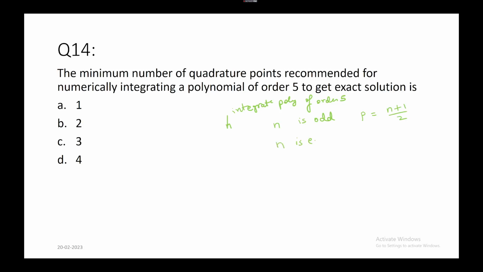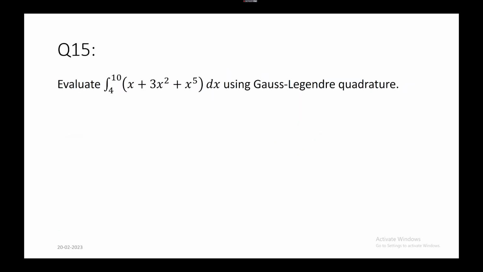If n is even, P is equal to n by 2 plus 1. So here n is odd, 5. So 5 plus 1 by 2, which is 6 by 2, you get the answer 3. So the minimum number of quadrature points recommended for numerically integrating a polynomial of order 5 to get exact solution is 3.